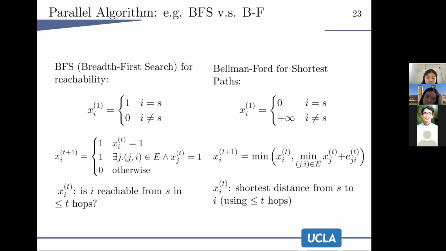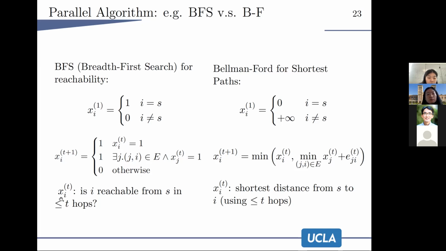And then it's updated through the edges. Once an edge is reached, this one is marked as 1 as well, and the others still remain 0. Also, if previously this node is already marked as reachable, then it could not become unreachable. So it's always kept to be 1.